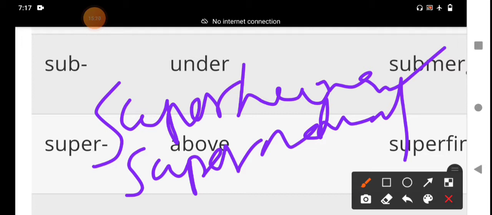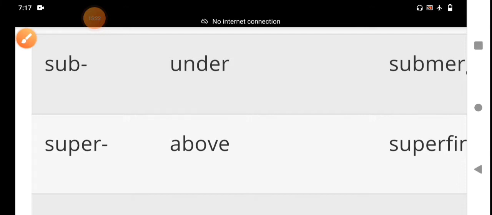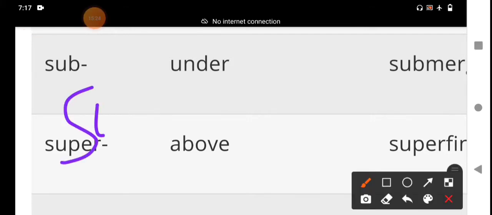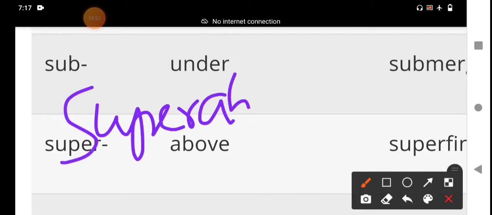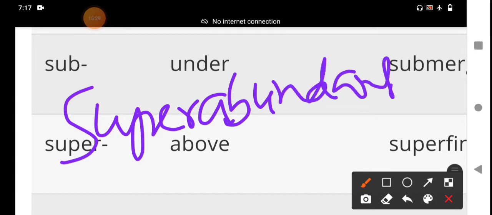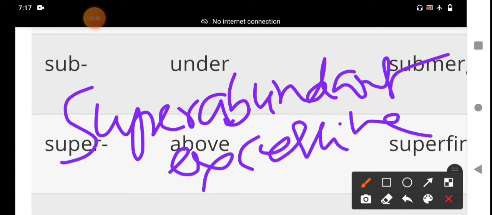Superabundant. For example, we take one more example. Abundance means plenty. Superabundant means above the needed amount, excessive. That is the meaning of superabundant.